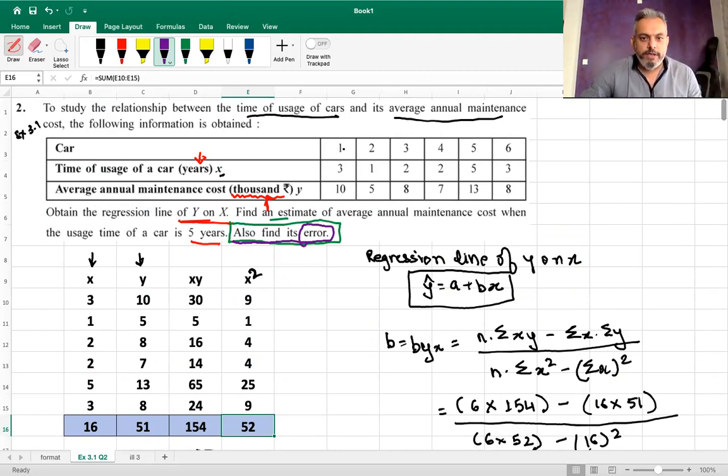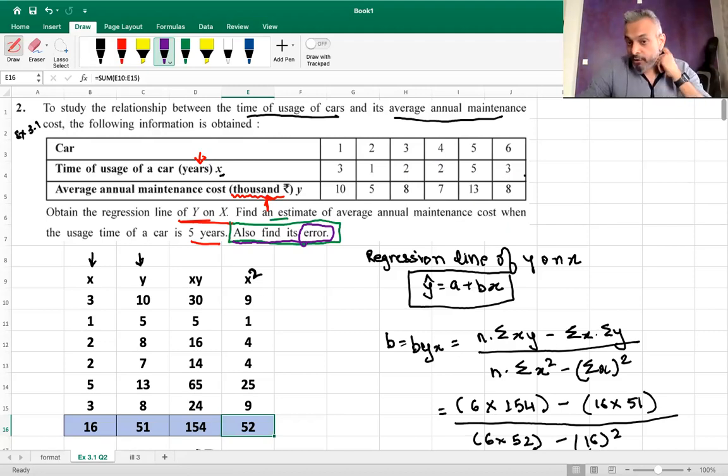Now, as you know, we have this information that if a car we have used for 3 years, then its annual maintenance cost is 10,000. If we have used for 1 year it is 5,000. If we have used for 2 years it is 8,000 for car 3. If we have used for 2 years car 4, maintenance cost is 7,000. Car 5, if we have used for 5 years, maintenance cost is 13,000. And car 6, we have used for 3 years, maintenance cost is 8,000.